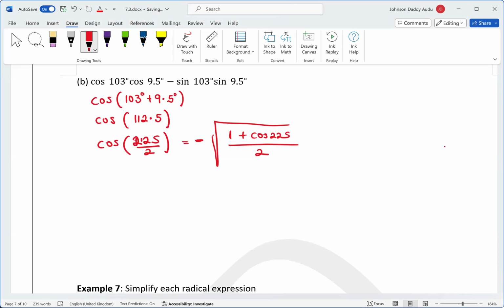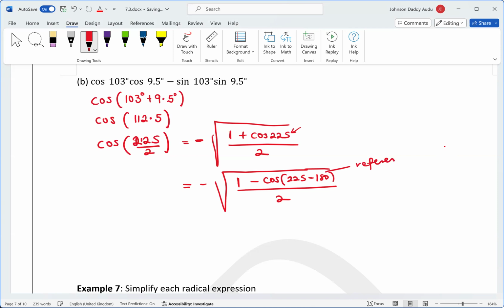Now we need to solve this one. If you look at cosine 225, 225 itself is in the third quadrant. So we will have 1 minus cosine of 225 minus 180. Here you can see we are using the reference angle. This is in the third quadrant, right?